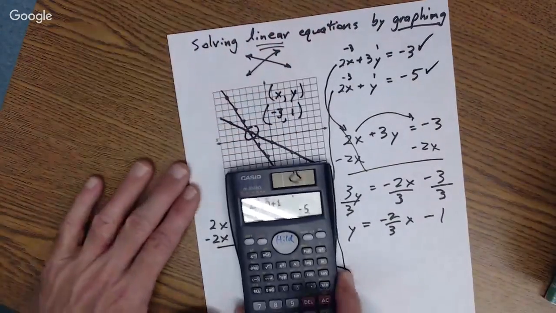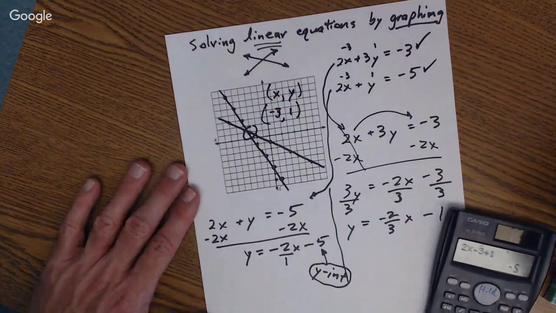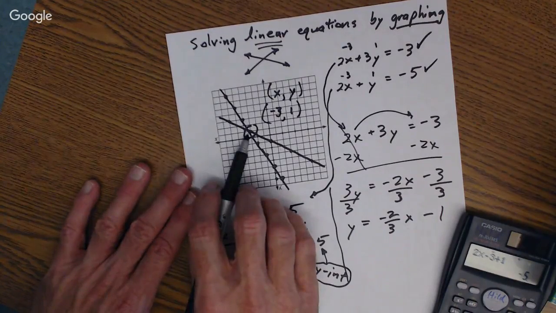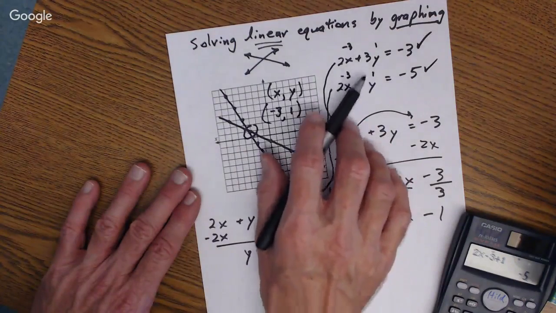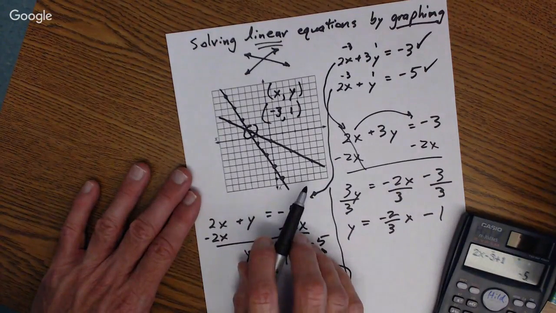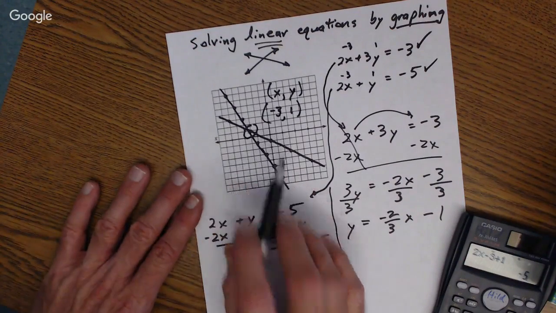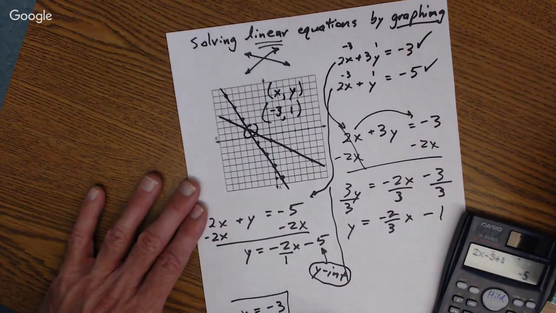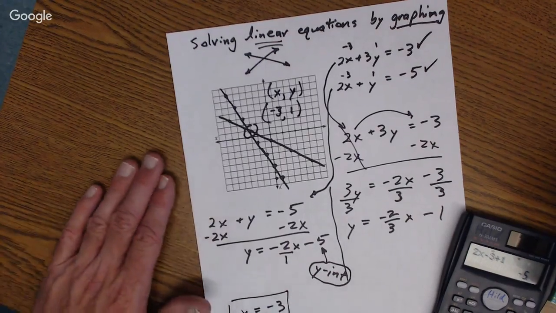So both equations check, and you always have to verify that both equations do check. So that point there is the simultaneous solution to both of those linear equations. So the solution is -3, +1, or you might write x equals -3, y equals 1.